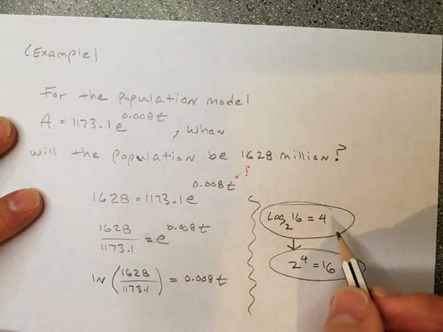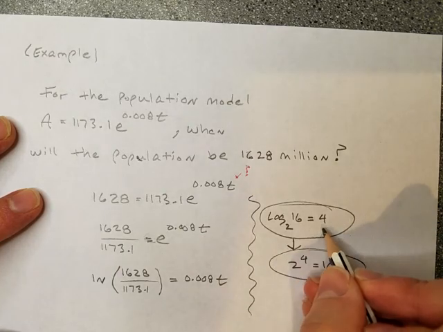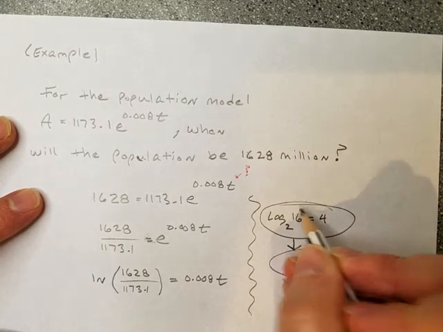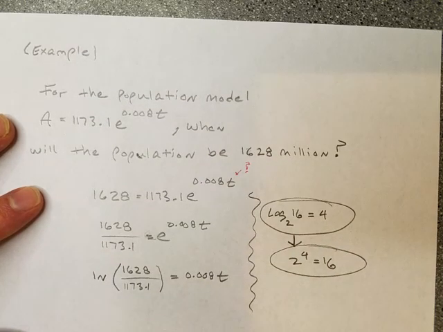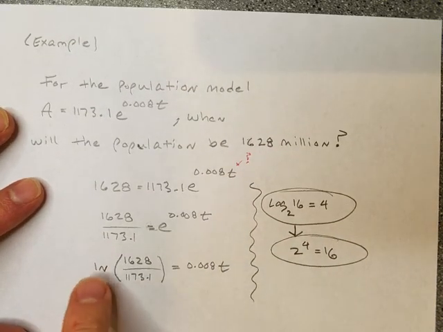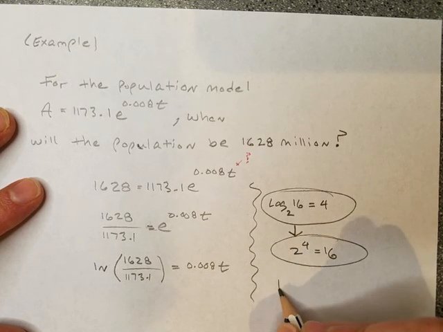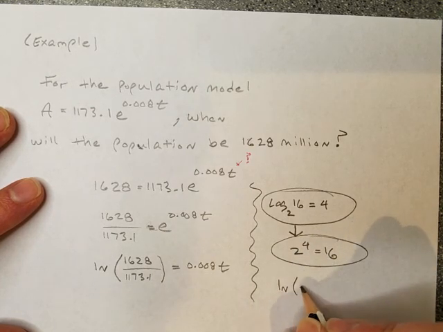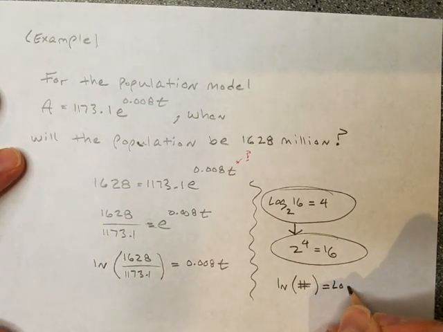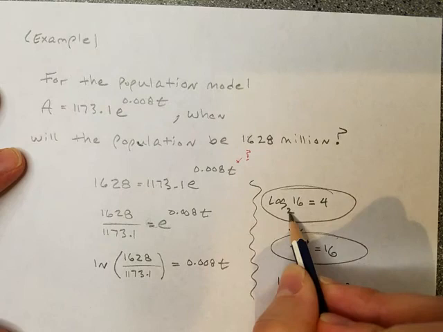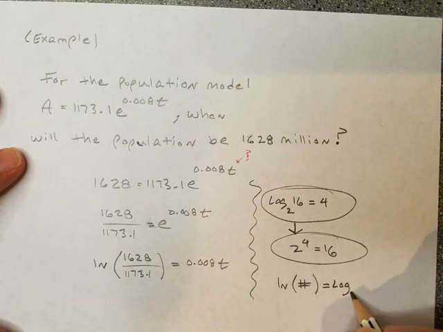For all logarithmic statements, this number, if raised to that power, should give you this number here. So 2 to the 4th power is in fact 16. Natural logarithm is just a logarithm like this one, but the base number there is e.